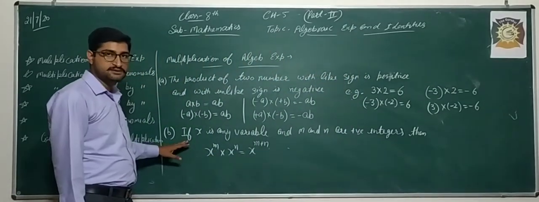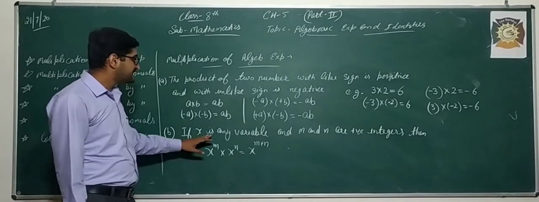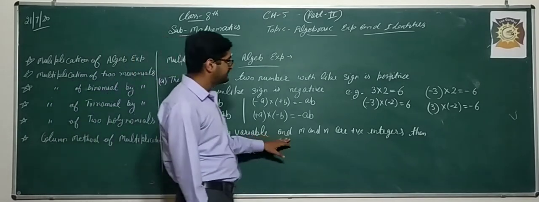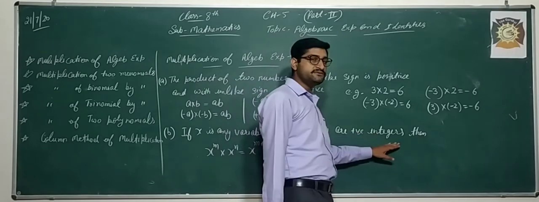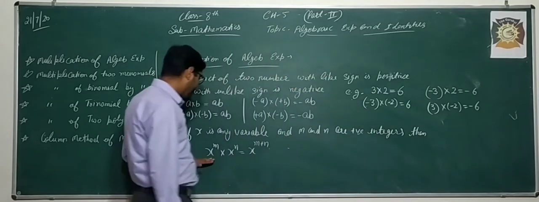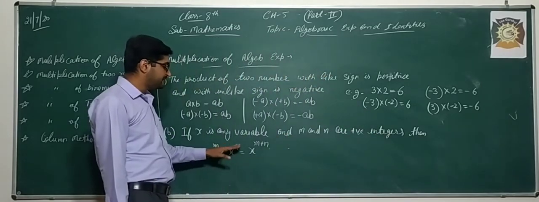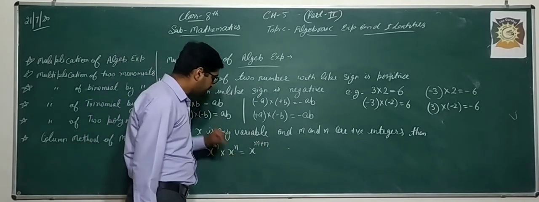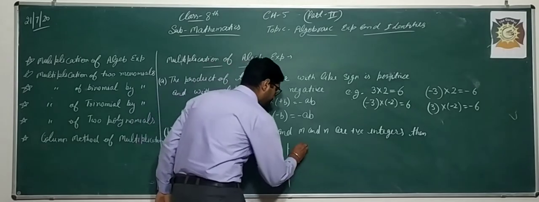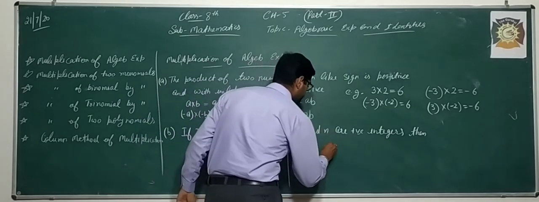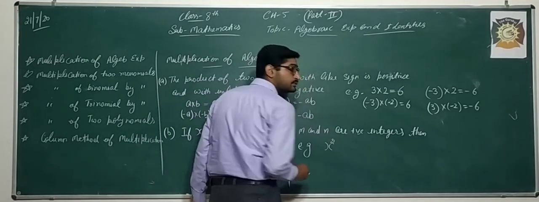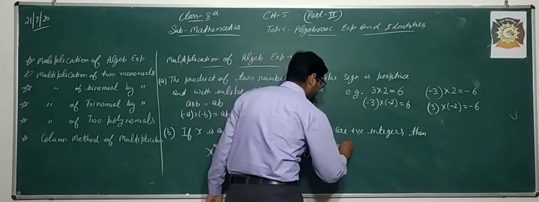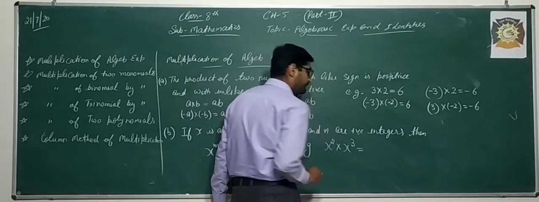And the second one: if x is any variable and m and n are positive integers, then x power m into x power n is equal to x power m plus n. To understand this property, I am giving you one example. Suppose it's written here x power 2 and we are multiplying it with x power 3.